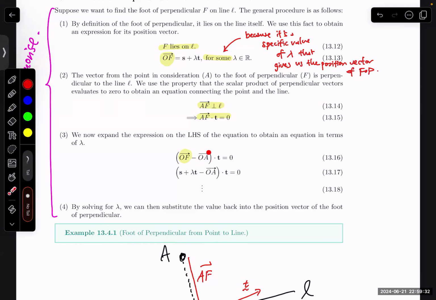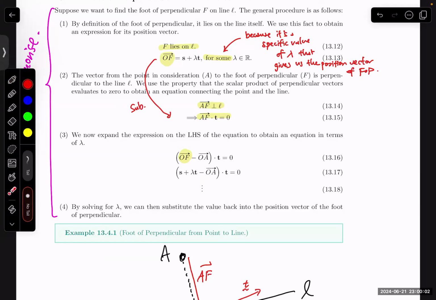You can use those two to find vector AF. Then you can write down vector AF is vector OF minus vector OA. You do your dot product, it must be equal to 0, right? So you sub one into the other. Once you substitute, you get an equation. All you need to do is solve it.